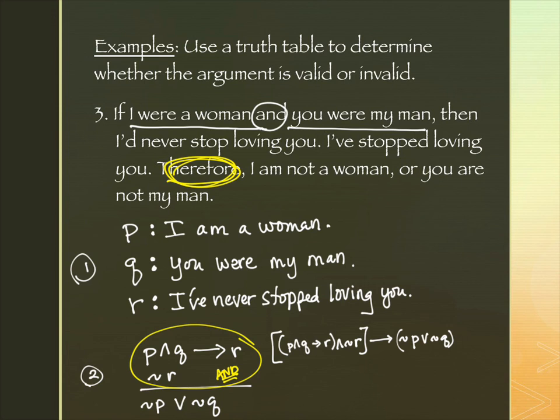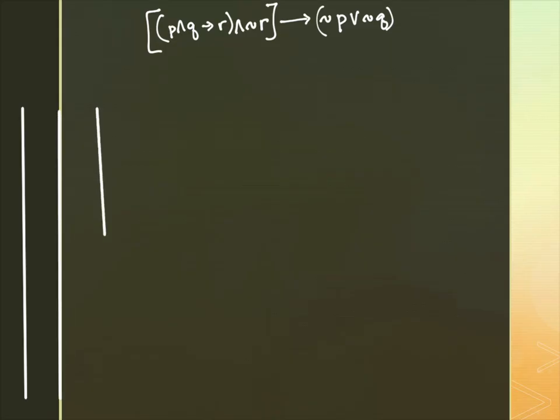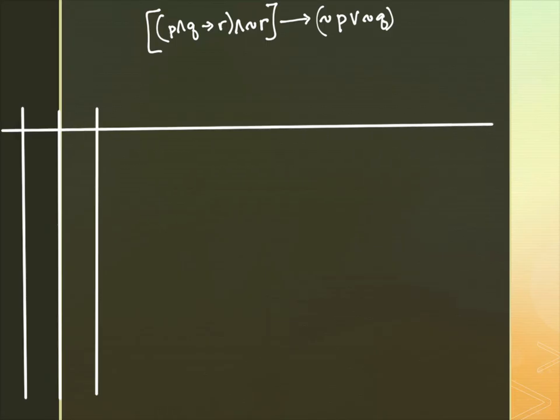So I'm going to copy this to the next screen, and that's where I'm going to do the truth table for the display. So this is our truth table, symbolic statement all joined together. I'm going to have to write really kind of tight to try to fit it all in here. And I'll do my best to do that. So 3 statements, P, Q, R. If you'll notice, they all have negations coming up later on.